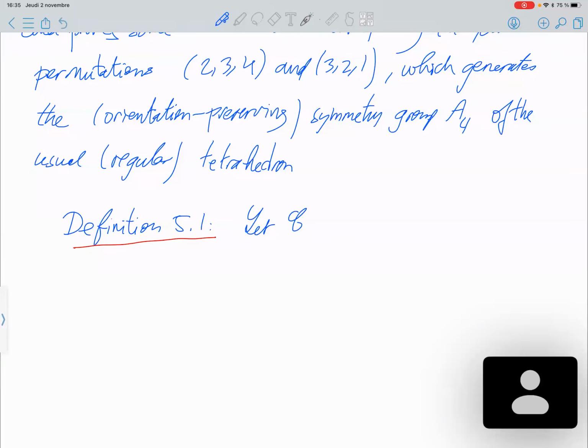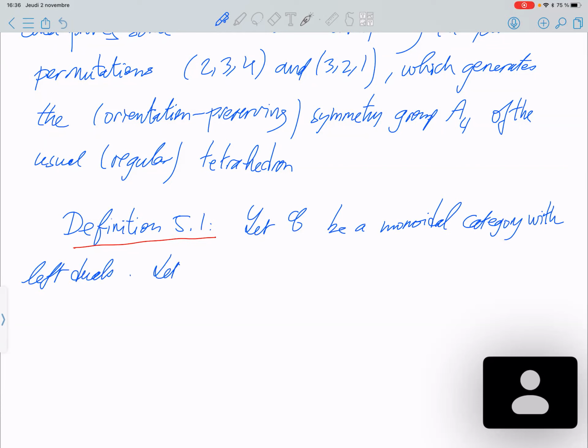Let C be a monoidal category with left duals.